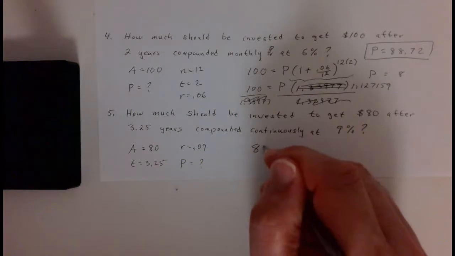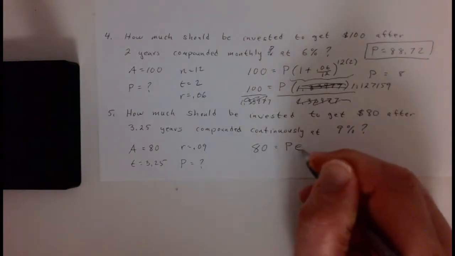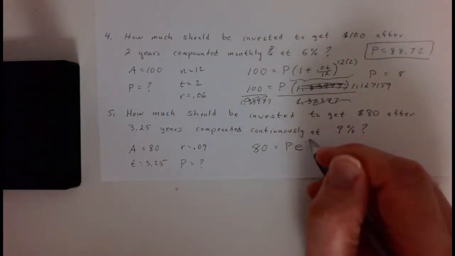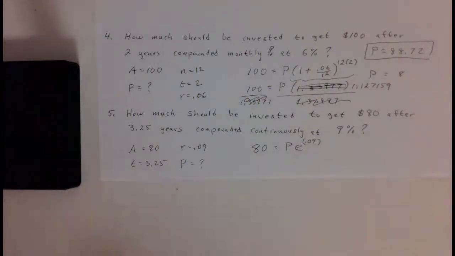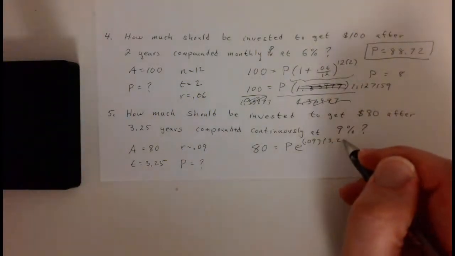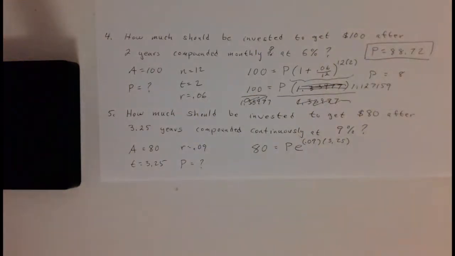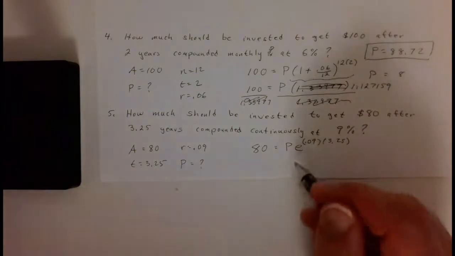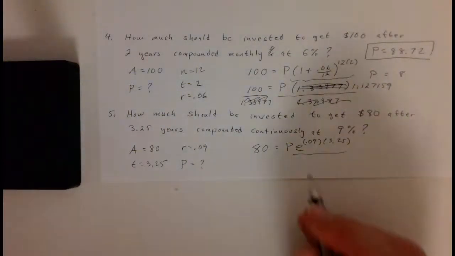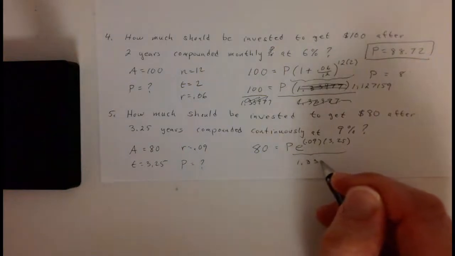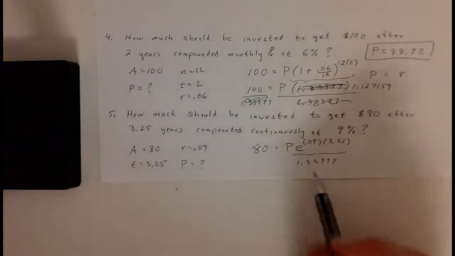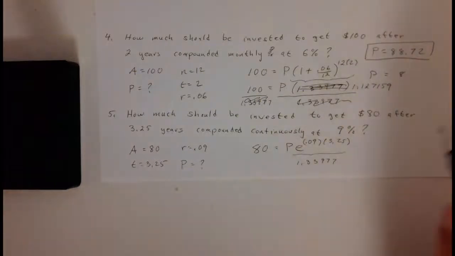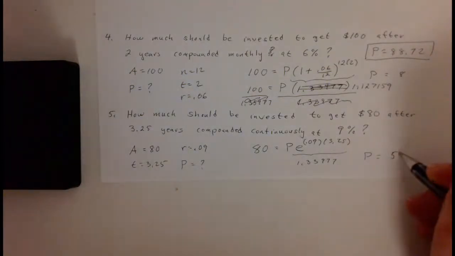So we get 80 is equal to P times E to the 0.09 times 3.25. Computing this, we get 1.33977. So P is 80 divided by this number, which turns out to be 59.71.